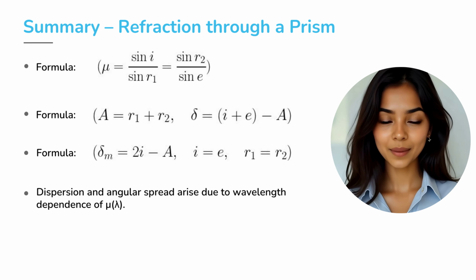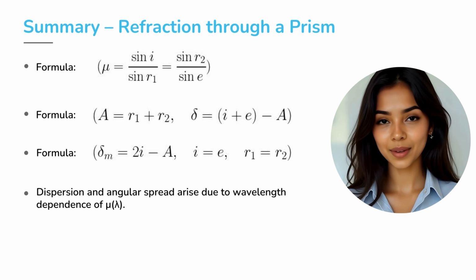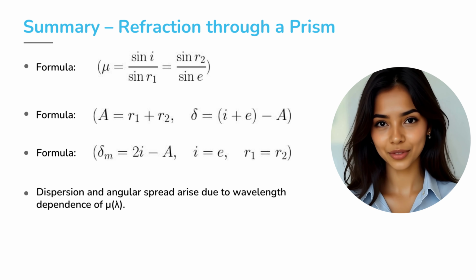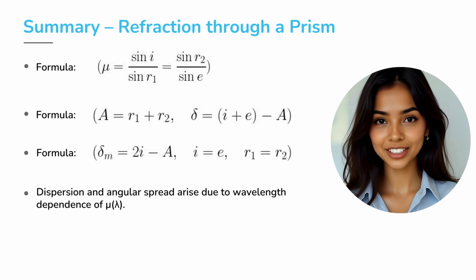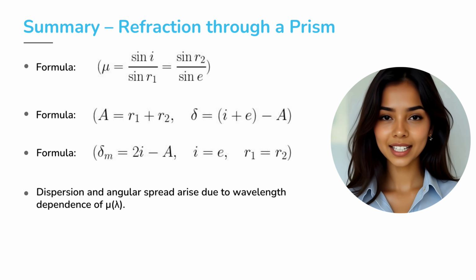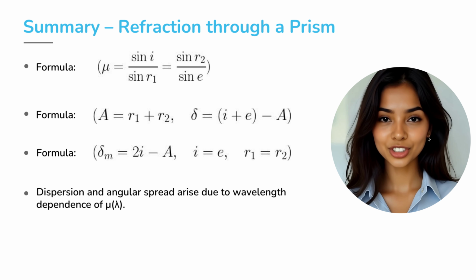To wrap it all up, let's recap the key ideas about light refraction through a prism. The refractive index mu relates the angles at the first face by mu equals sine of incident angle i divided by sine of refracted angle r1, and at the second face by mu equals sine of refracted angle r2 divided by sine of emergent angle e.